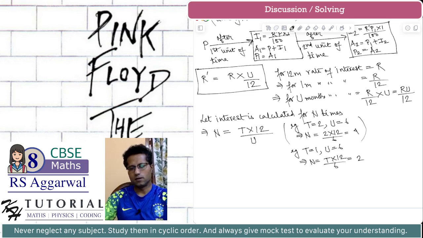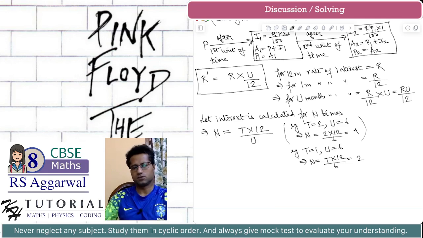So if the period of loan, or the total time, is 1 year, and the unit of time is given to be 6 months, then definitely how many times do we have to calculate the interest? 2 times.